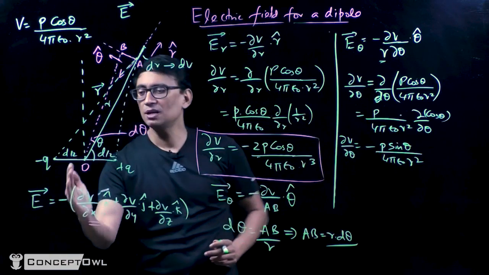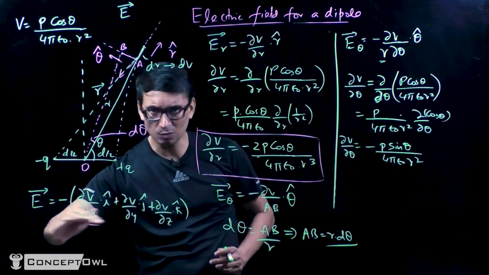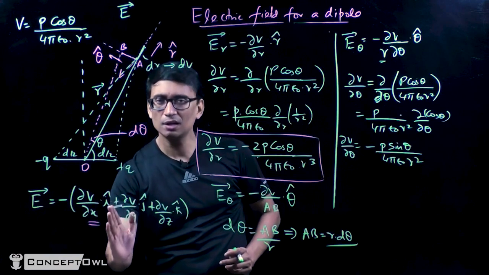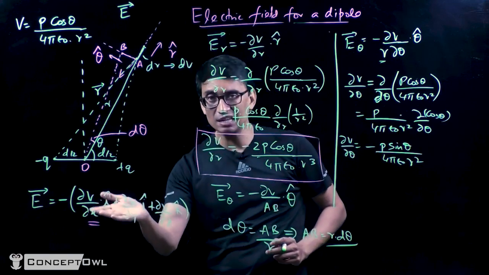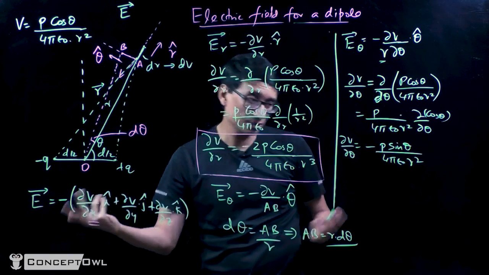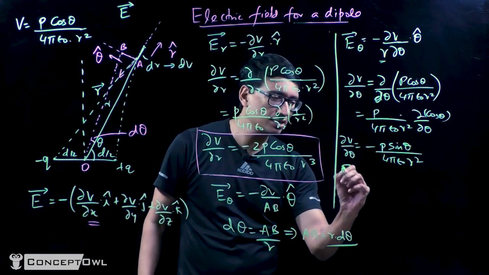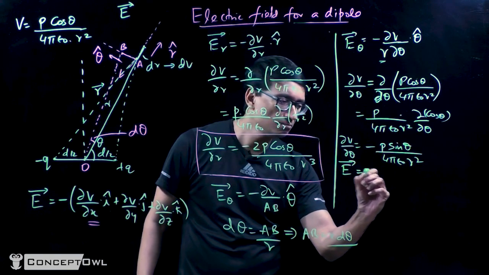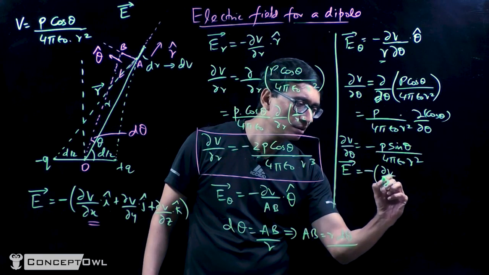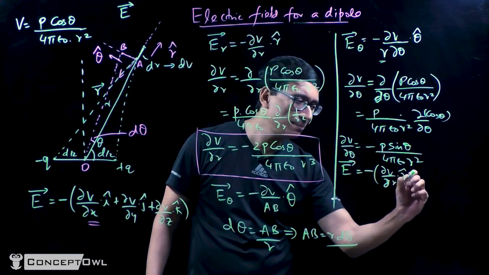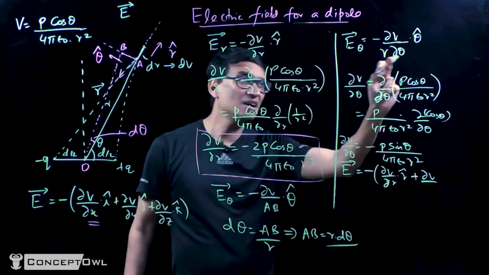And now my E, the total electric field, what will this be? This would be minus of del V by del of one variable into the unit vector along that variable, plus del V by del of the other variable into the unit vector along that variable, and negative outside. So my E vector is going to be minus del V by del r into r cap, plus del V by r del theta.